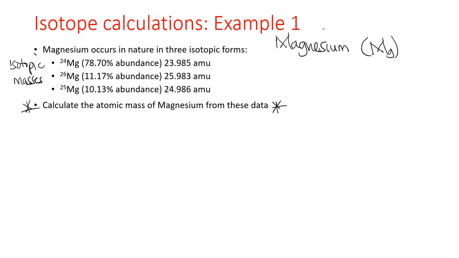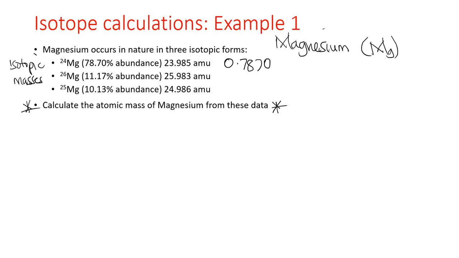Now, for you to do this, first of all, you need to change the percentages to ratios. So 78.70% becomes 0.7870. So I'll say the actual mass ratio of magnesium 24 is 0.7870.